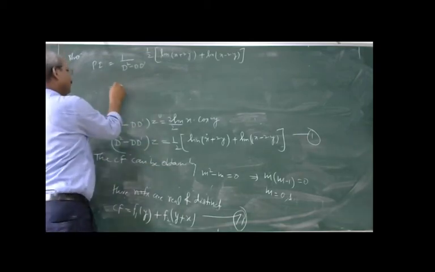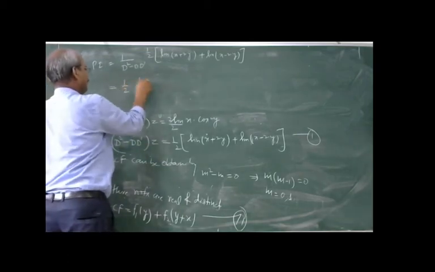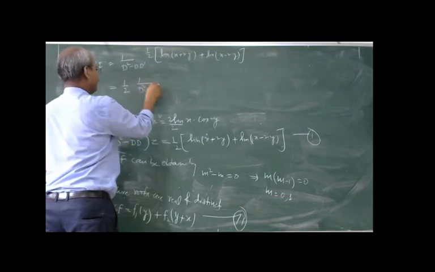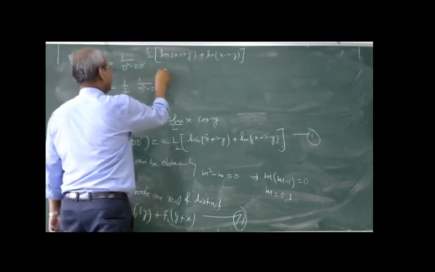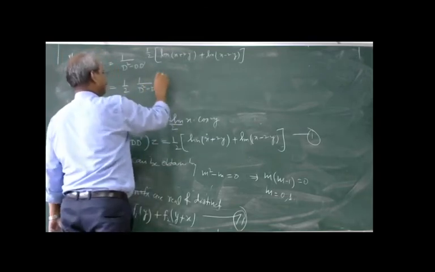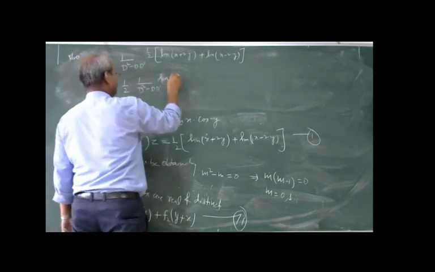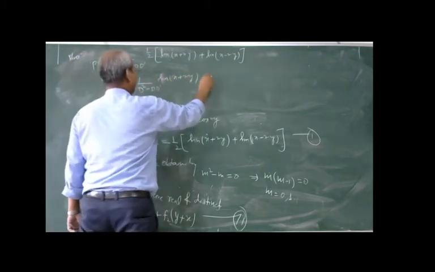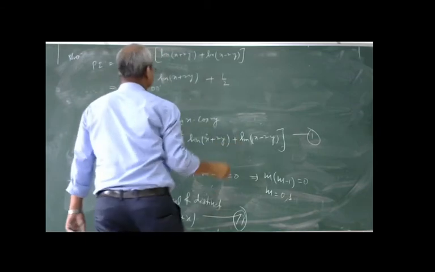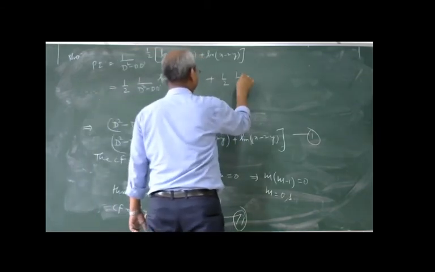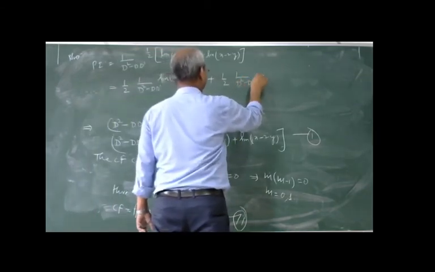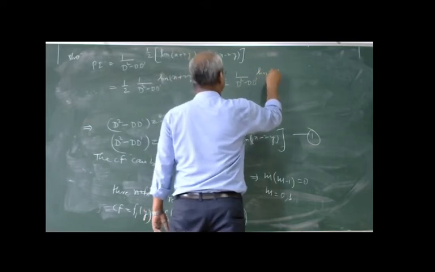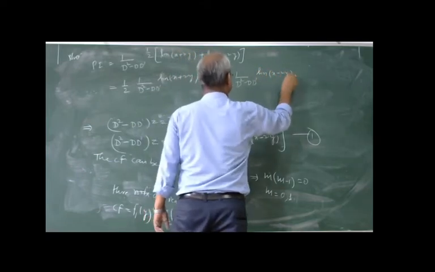So now do like this: 1 by 2 times 1 upon (D² minus DD') of sin(x+2y), and 1 by 2 times 1 upon (D² minus DD') of sin(x−2y).